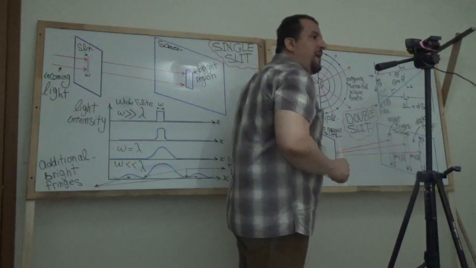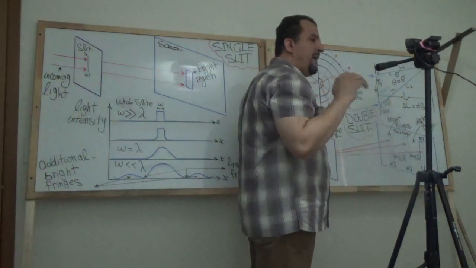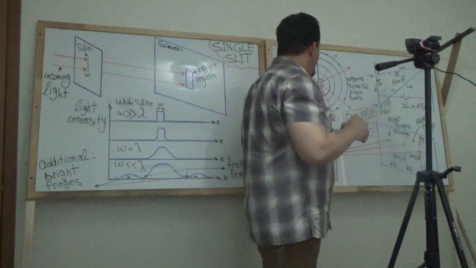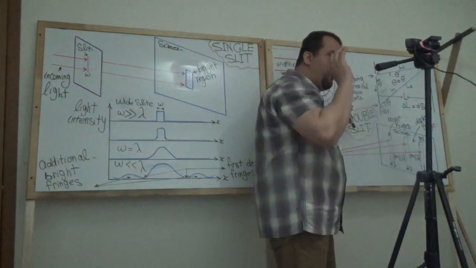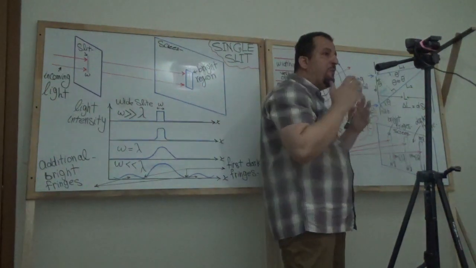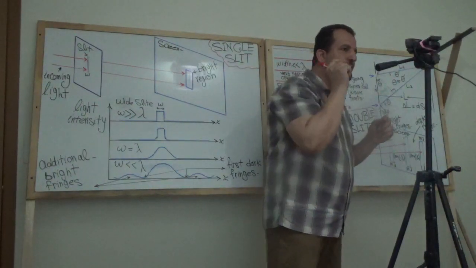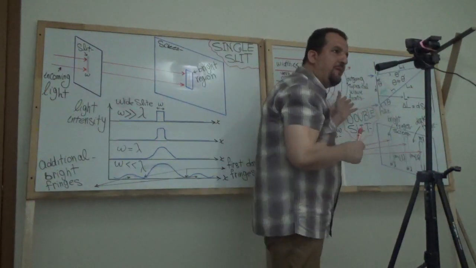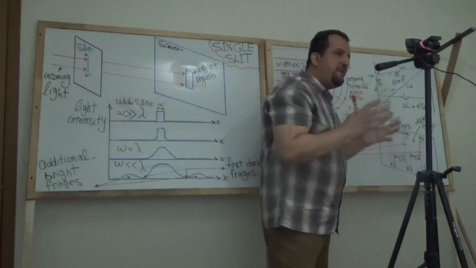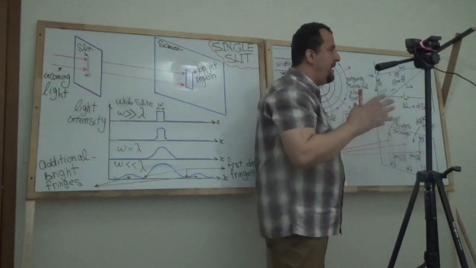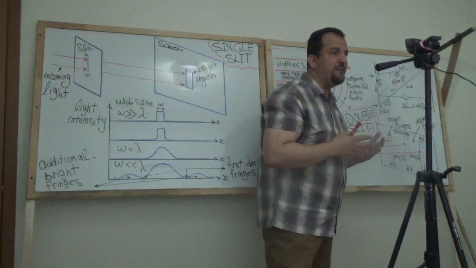And what Huygens told us is that each point on the wavefront can be considered as a new source of spherical waves. And this is a very nice, actually, very nice achievement here.